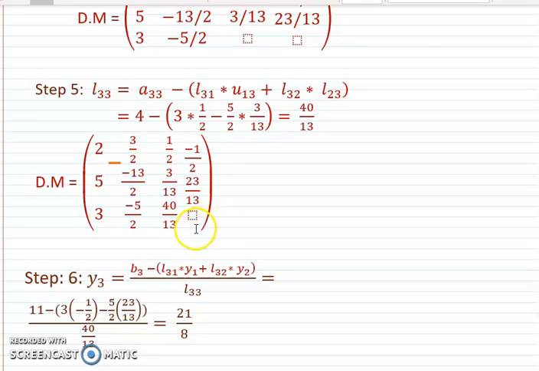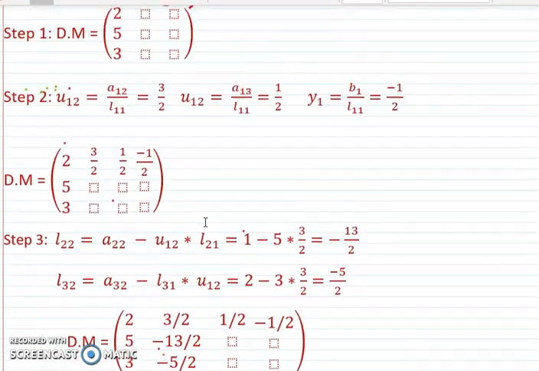Next, finally, we have only one element remaining. This is Y3. Here we find that there are two elements on the row and two elements on the column, and there will be an extra element on the row. So first we form the products 3 into minus 1 by 2, add with the second element of the row minus 5 by 2 and second column element 23 by 13, add the two numbers, subtract from the corresponding element of A, B and divide by the extra element 40 by 13.